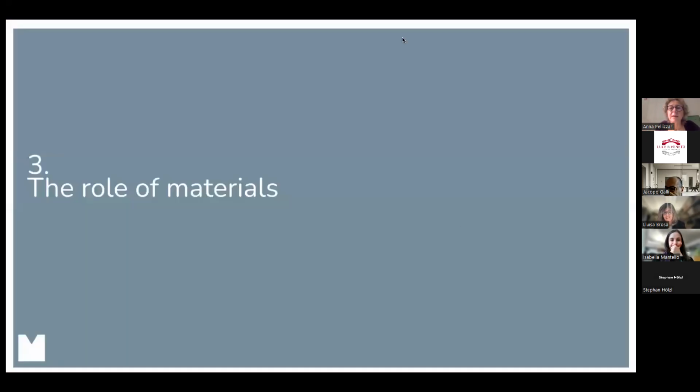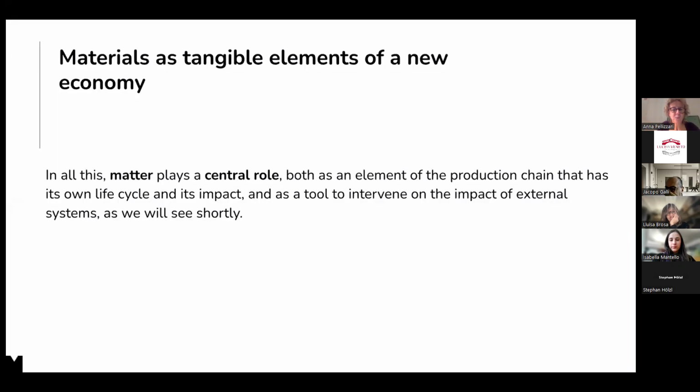Okay, we go now. We have a very big bunch of things to say, but what's the role of materials in all this? We are now moving a little bit more towards materials.